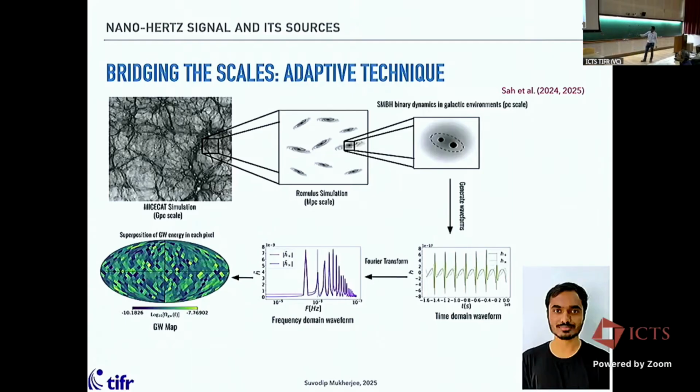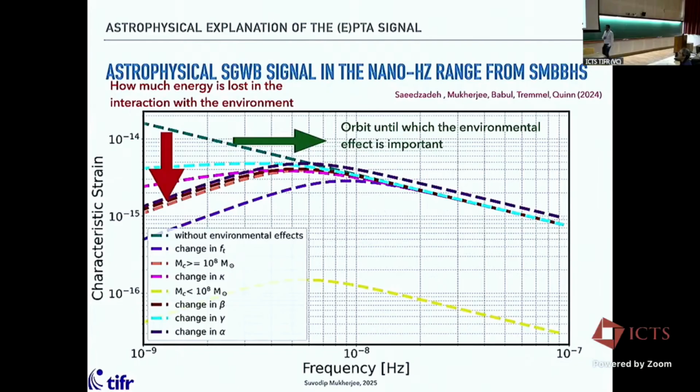There you capture these black holes, you generate the gravitational wave signal, generate the gravitational wave Fourier domain spectrum, and generate the gravitational wave map. So small scale physics gets captured in the large scale universe to predict what kind of signal I should expect.